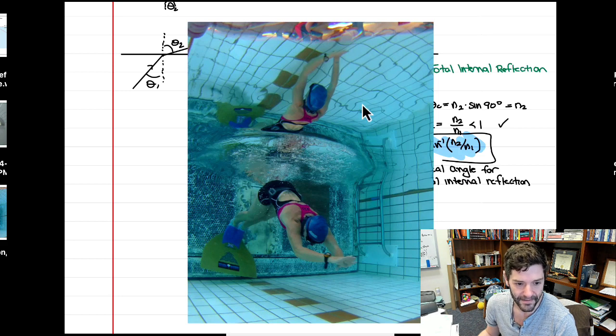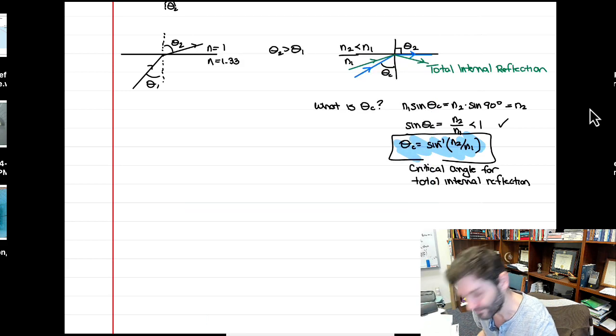And you can notice that the entire interface is showing total internal reflection. You're not seeing what's outside the pool. You're just seeing the ground, or the pool ground here, being totally reflected off the surface. All right, very good.